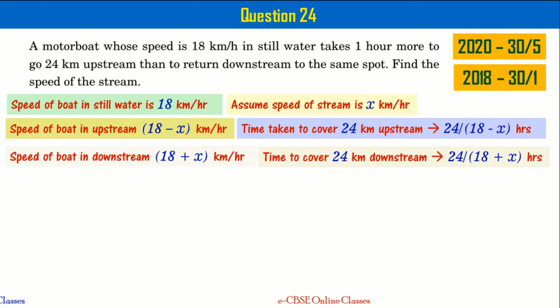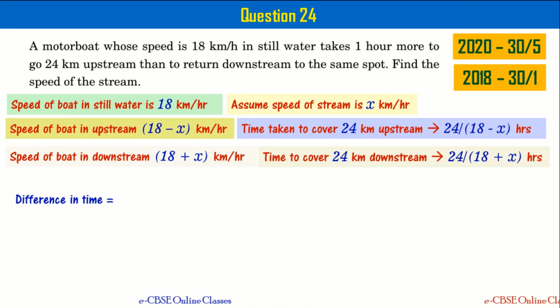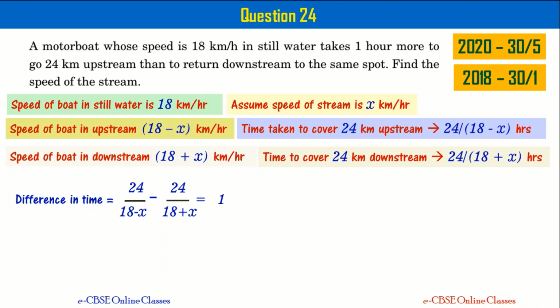It means time taken to cover 24 kilometers downstream is 24 divided by 18 plus x hours. It was given that the difference between these two times is 1 hour, right? Let me write the difference in time: 1 hour equal to 24 divided by 18 minus x minus 24 divided by 18 plus x.